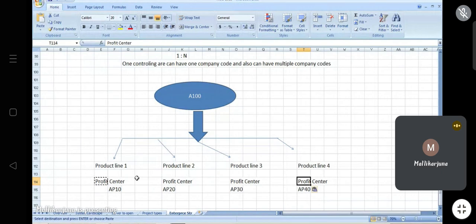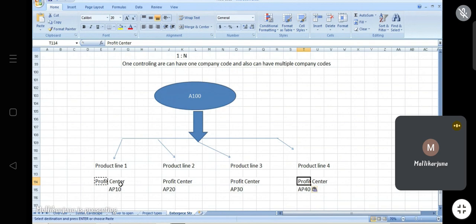First of all, the profit center is the organizational business unit wherein the responsible person will be heading or monitoring that specific product. What is the profitability at business unit level?